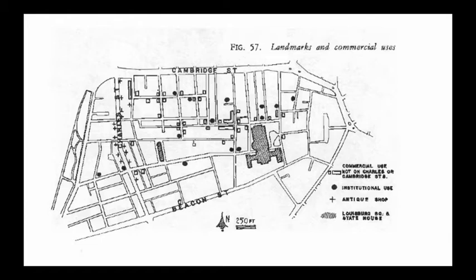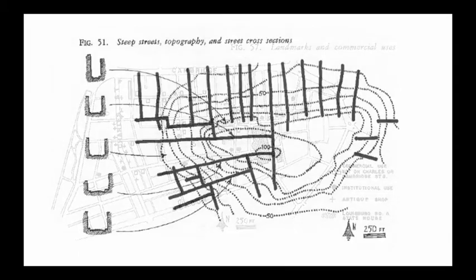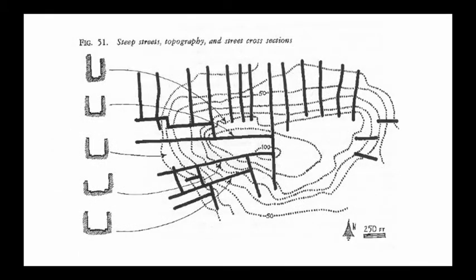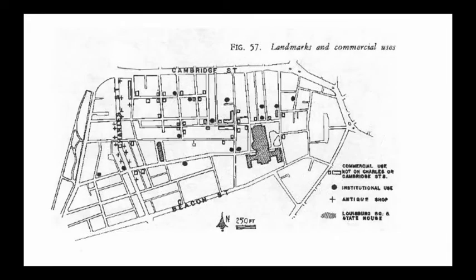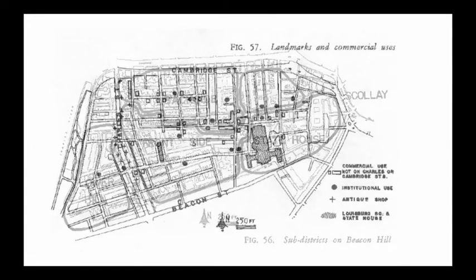It's called Beacon Hill because it's a hill, and once you start to map those two things against each other, you realize as you're walking up these streets, oh, there might be a relationship between those steep streets and the topography itself, because the other maps make it look flat, and it's not flat.